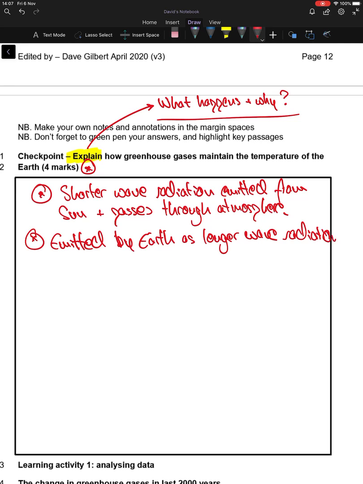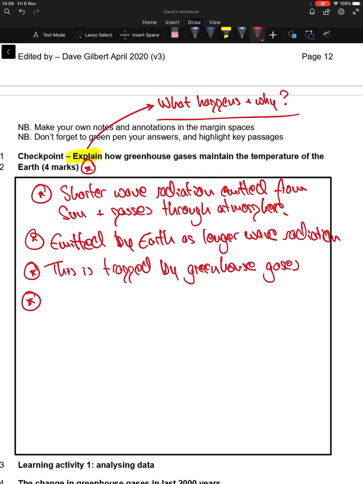Now, this long wave radiation gets trapped by greenhouse gases. And the trapped energy or radiation then warms or heats the Earth.